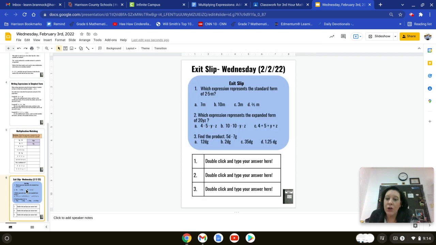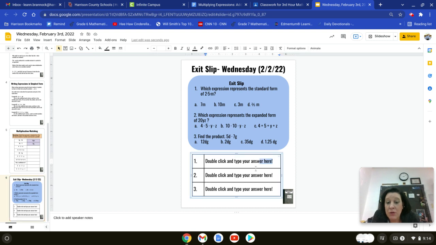Then the rest of your assignment has you doing multiple choice. Remember, we are multiplying 2 times 5 times m. Don't add. Today, we're doing multiple ways of multiplying. Then, you're going to take 20YZ, and you're going to bust it up. You're going to break it apart. What times what is 20?